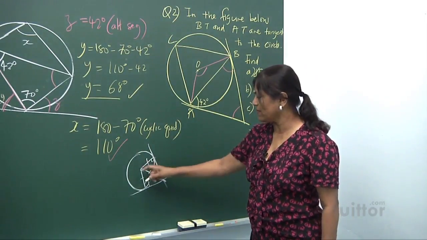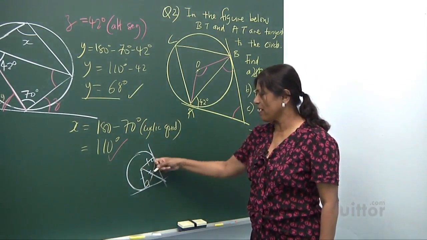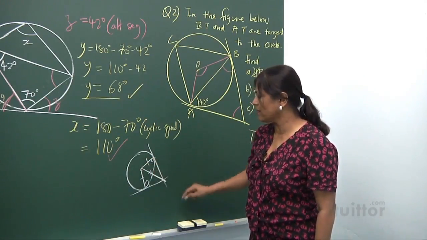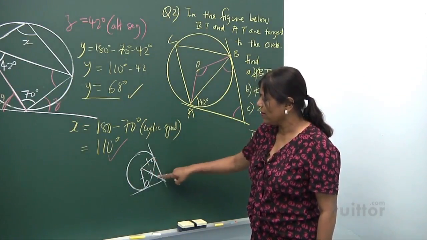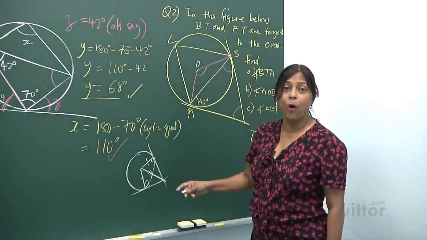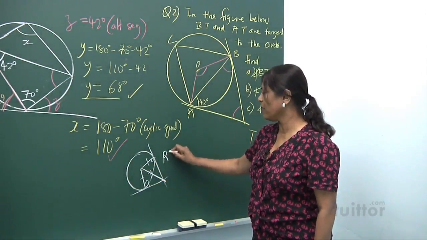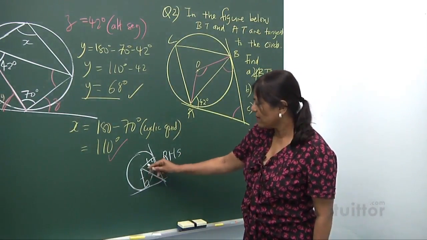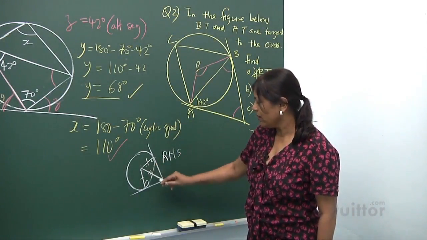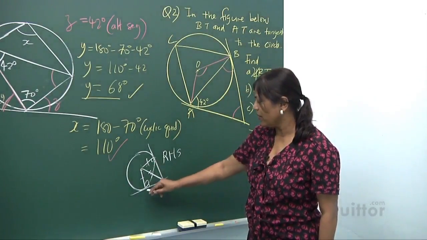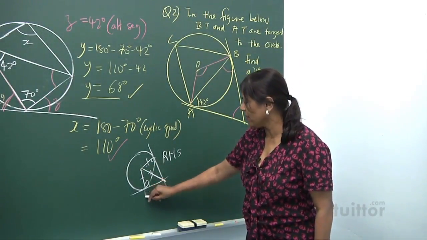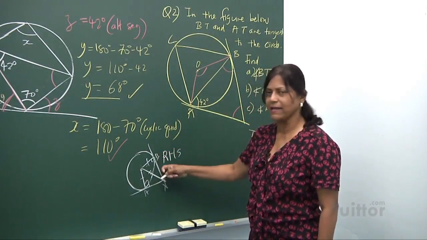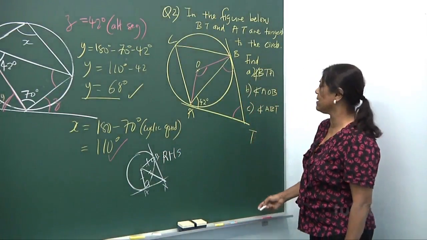This is a common side, and we have right angles here. So these two triangles here that you see are both congruent. We call that RHS. As a result, these two angles are equal, and these two are equal. And the line from here, if I call it AX, will be equal to BX because of congruency.